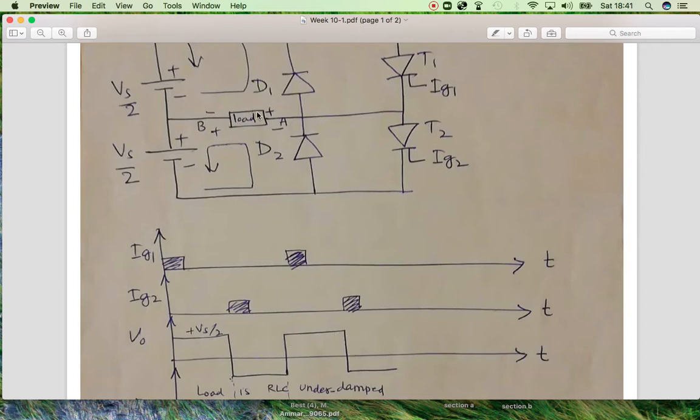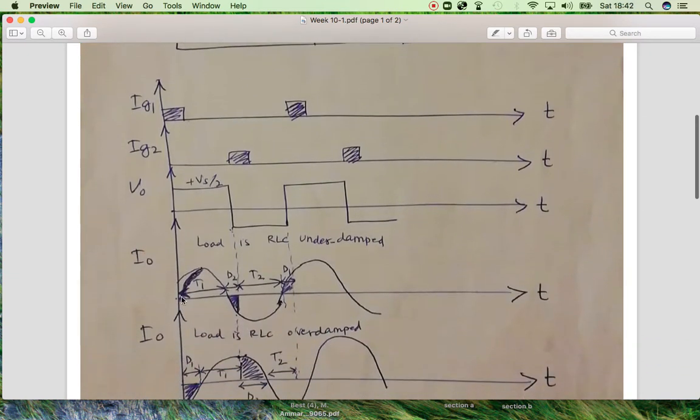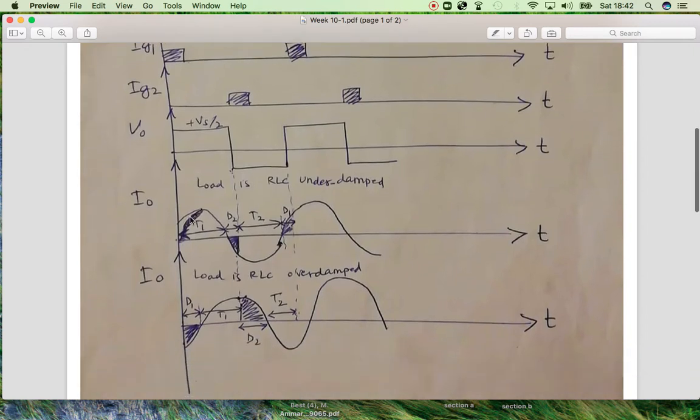But if we have some RLC load over here, then the current will be leading or lagging this voltage. So in case the current is leading the voltage, then this is the waveform of the current which is leading the voltage, and the voltage is coming with a delay.